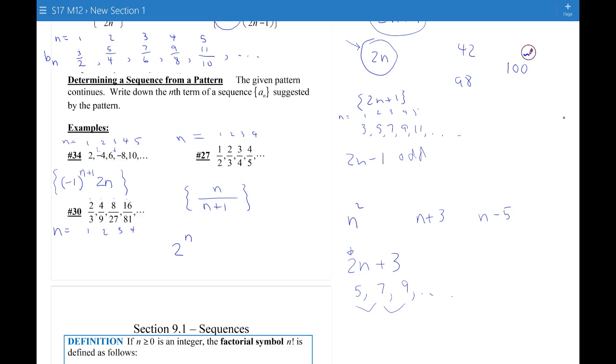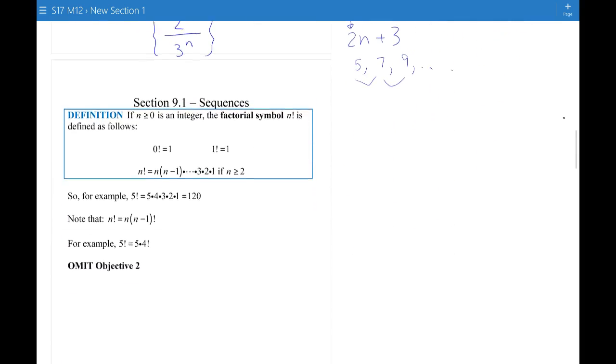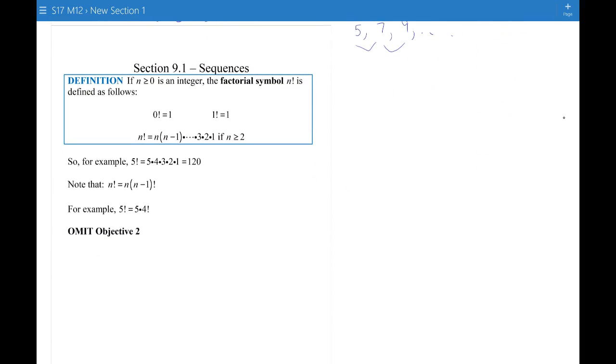And then in the denominator, I'm multiplying by 3, then I'm multiplying by 3, then I'm multiplying by 3. So that looks like 3 to the n. And they're all positive. So that looks like that will give me each term of that sequence. So practice a lot of those. It takes a while to get good at recognizing them.